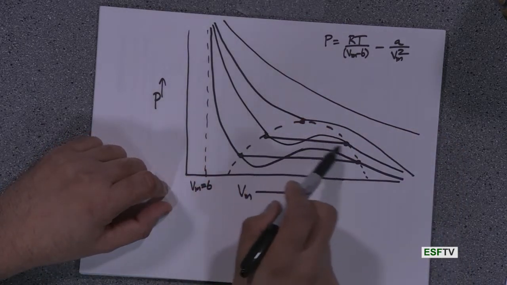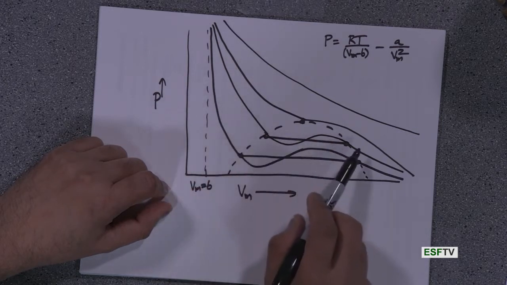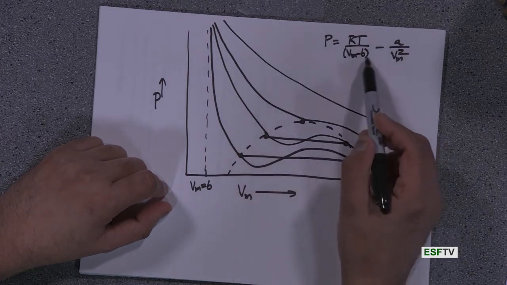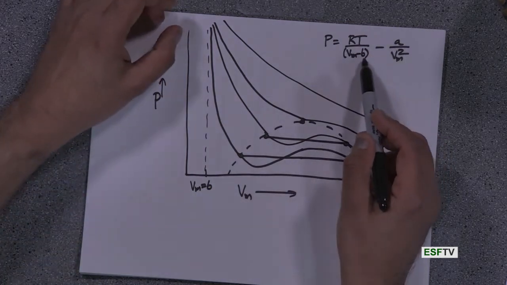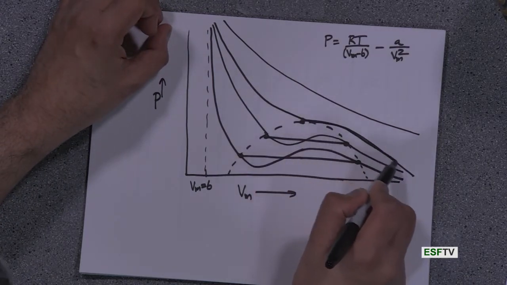These curved lines with the trough and the peak are what we get when we plot isotherms from the van der Waals equation of state, for chosen values of a and b, with a different temperature for each line.